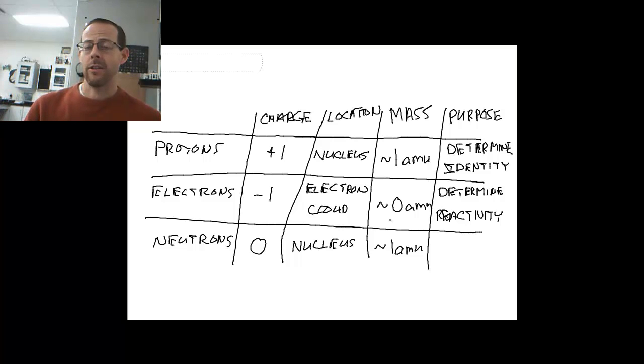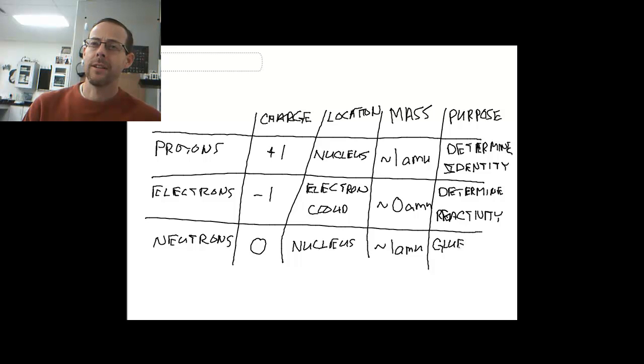Opposite charges attract each other, but similar things with the same charge repel. If you put protons close together, they're going to want to get as far apart from each other as they can, which inherently means they want to break up the nucleus. If we don't have a nucleus, all we have is the element hydrogen, but we have lots more elements in the universe. So neutrons, think of them as the glue that holds the nucleus together.